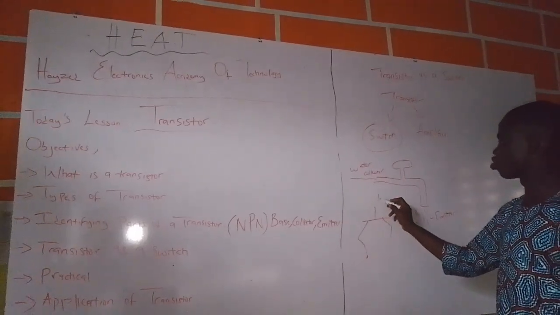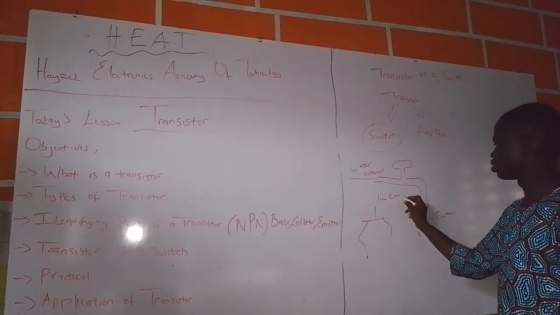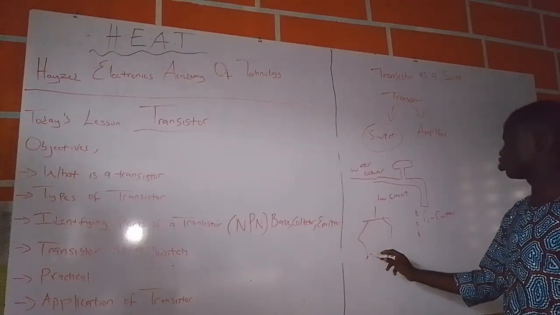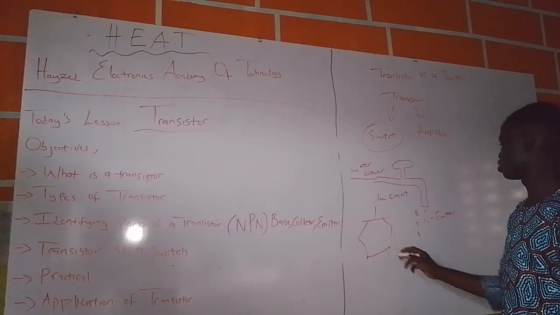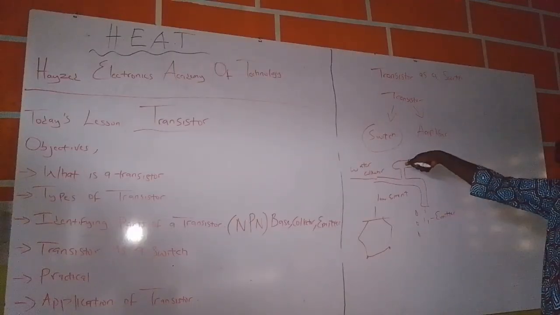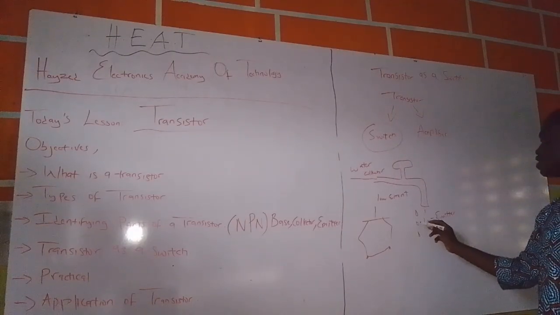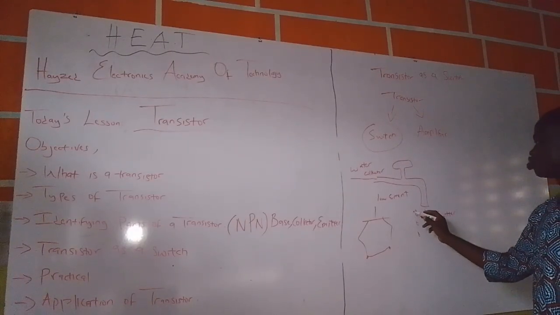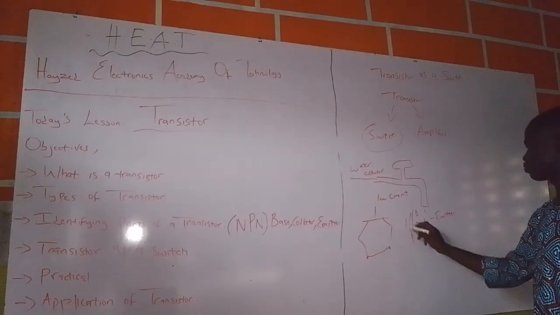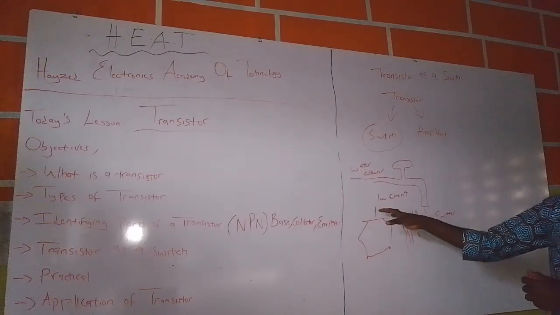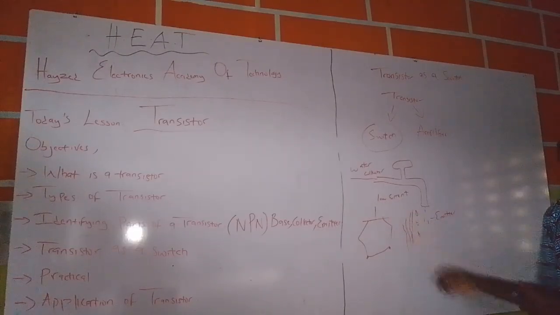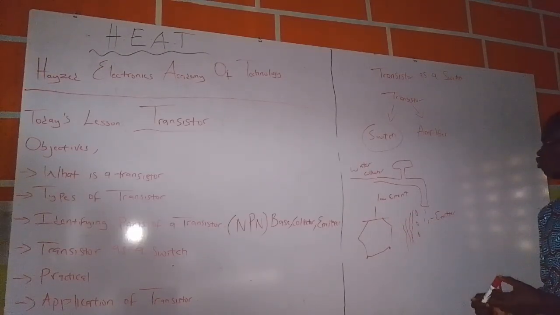But if you turn on the tap to the highest, you're going to see that the water is going to drop very fast. That means if you supply high current to the transistor at the base, the transistor is going to fully turn on.